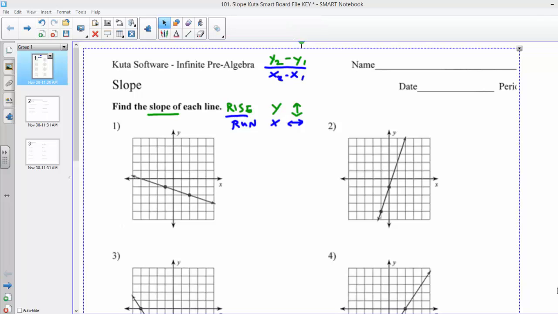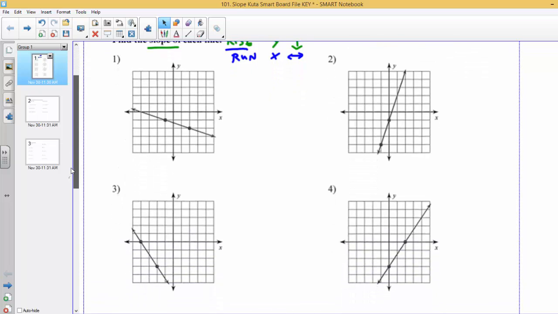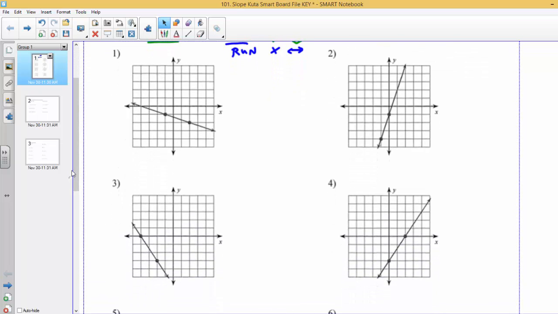So, we're so lucky that 2 points are given. If you didn't have 2 points given, you would want to find 2 places where the line crosses the axis perfectly, or the grid perfectly. And then you are going to find your run, and that's 3, and your rise.